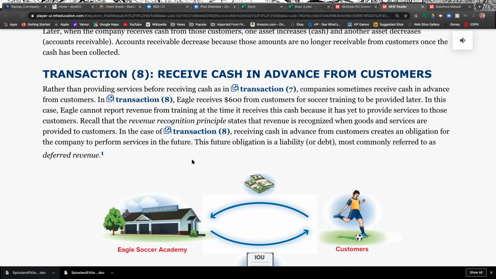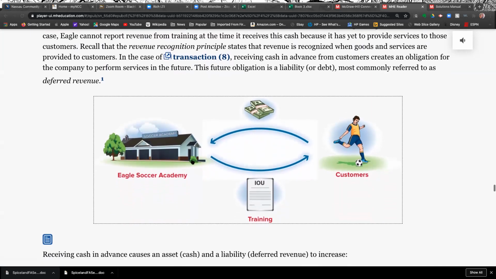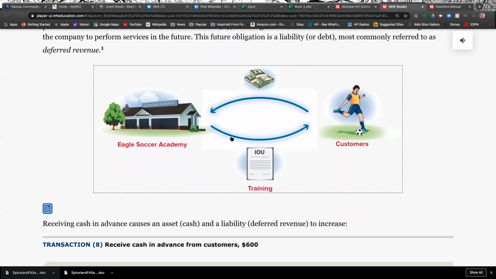The customer paid you before you did any work. Well, that's not revenue. You can only have revenue when you've done work, right? In this case, doing work is training the customer. Here the customer paid you before you did any training.